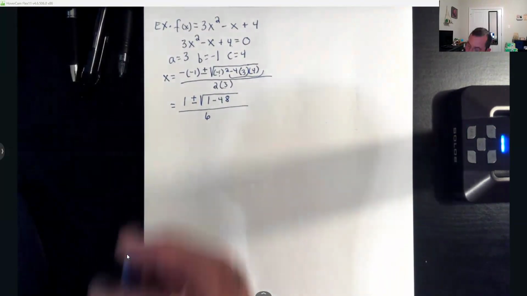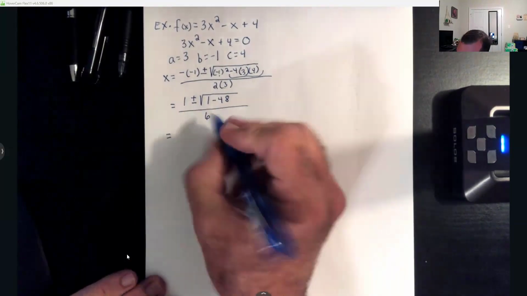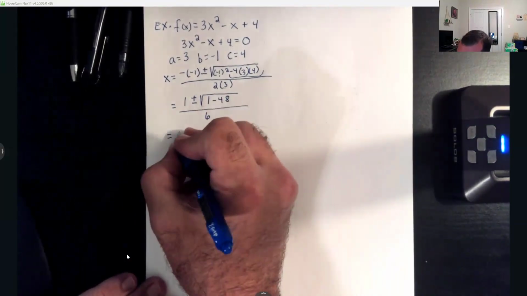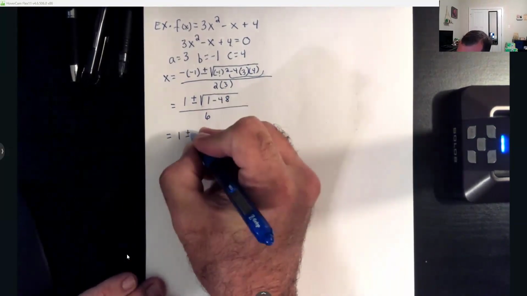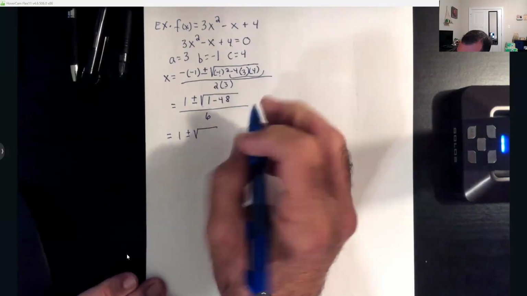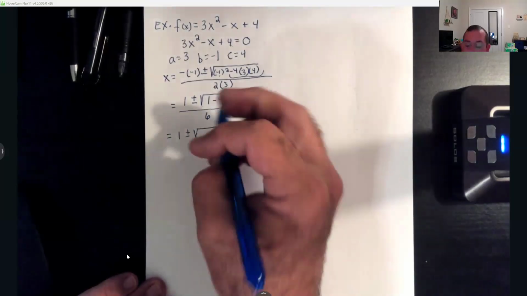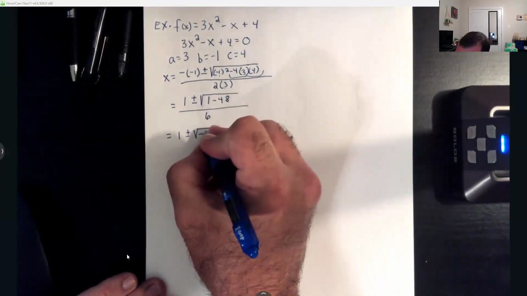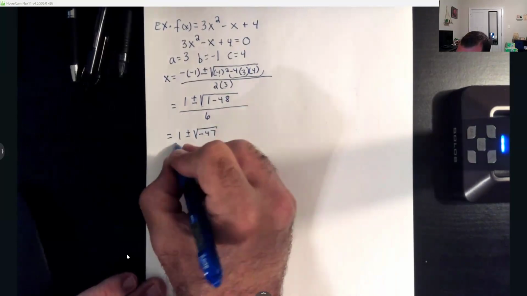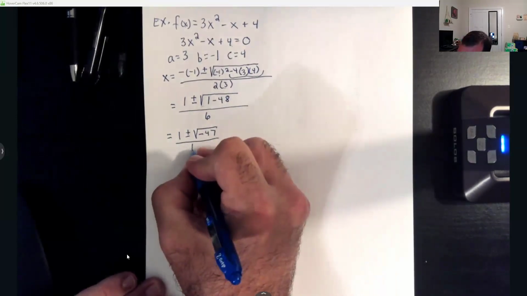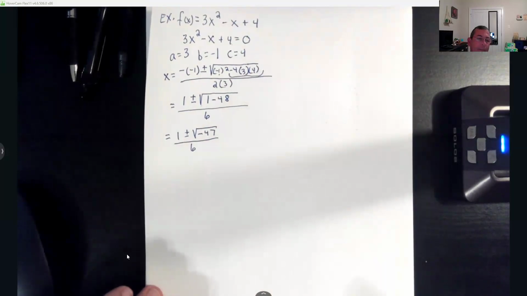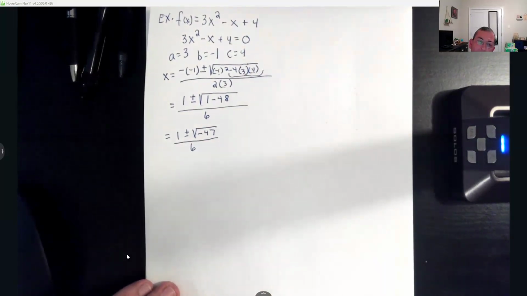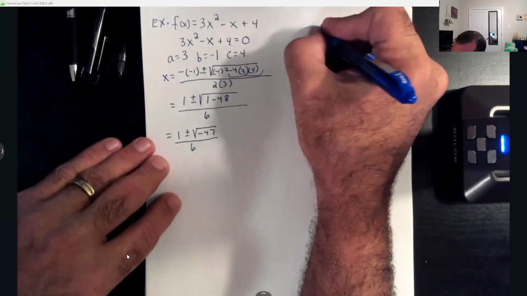All righty. Continuing under the radical, I get 1 plus or minus square root. 1 minus 48 is a -47, all over 6. All right, y'all, so here's the thing on the side.